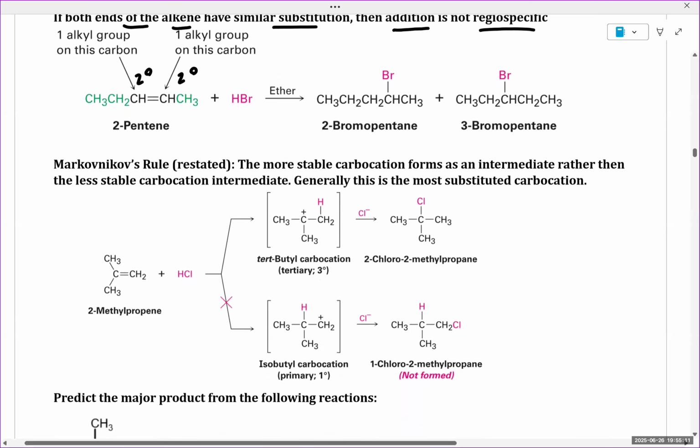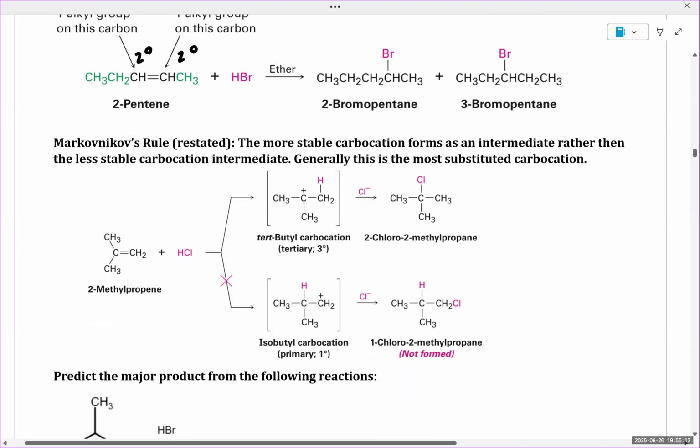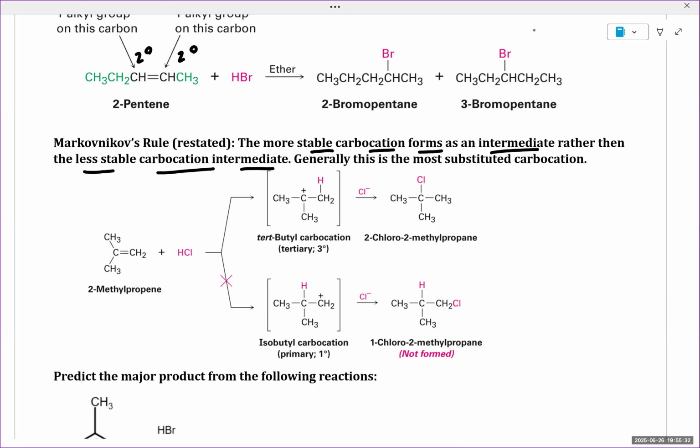Now, there's a restatement of Markovnikov's rule that's a more general way of predicting the outcome of electrophilic addition reactions, which is that the more stable carbocation forms as an intermediate rather than the less stable carbocation intermediate.